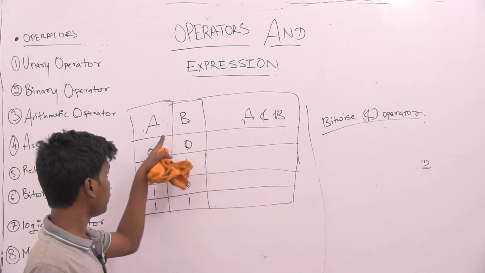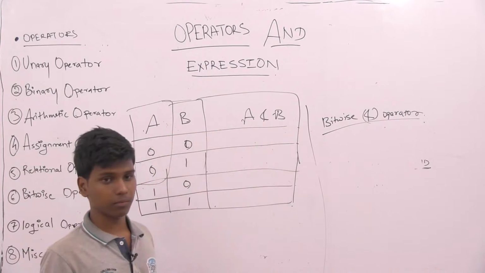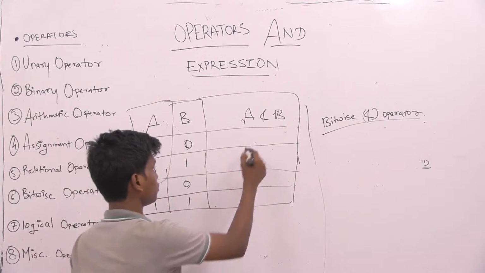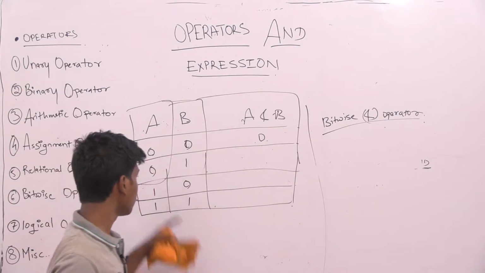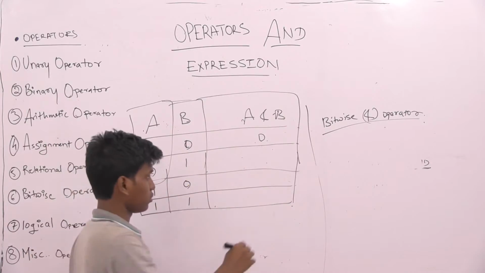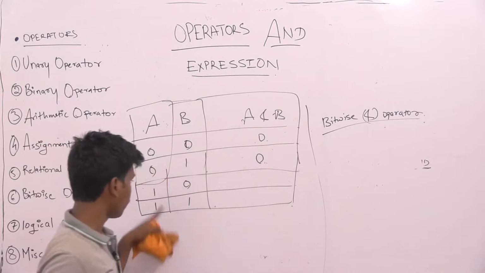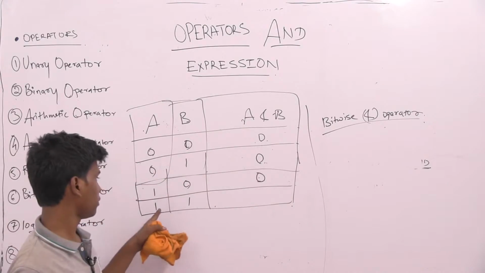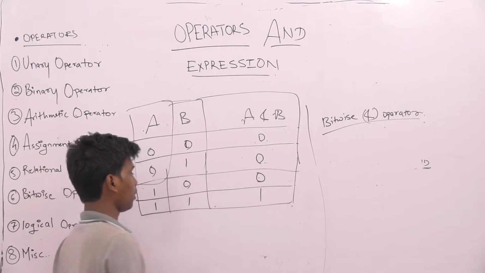Now the value of a and b: 0 and 0 is 0, 0 and 1 is 0, 1 and 0 is 0, and 1 and 1 is 1.